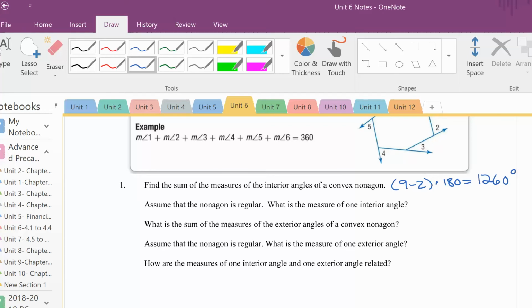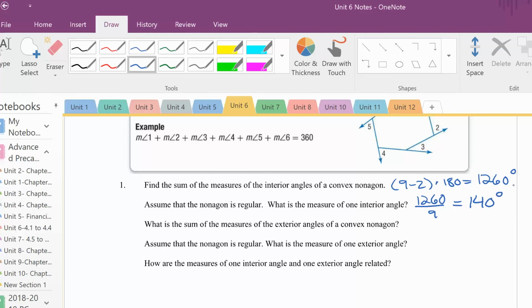Assume that the nonagon is regular, meaning all the sides are equal and all the angles are equal. What is the measure of one interior angle? Well, you take 1260 divided by 9, and you get 140 degrees.